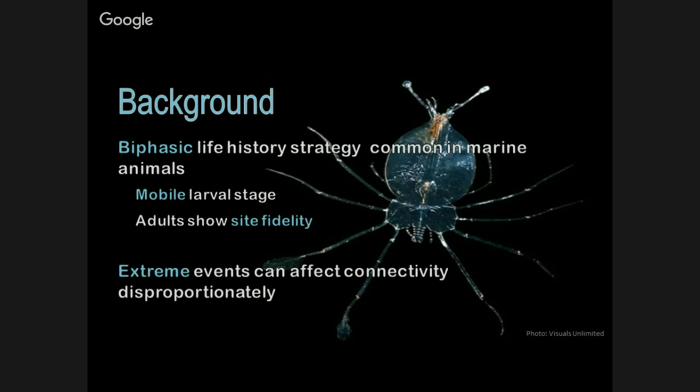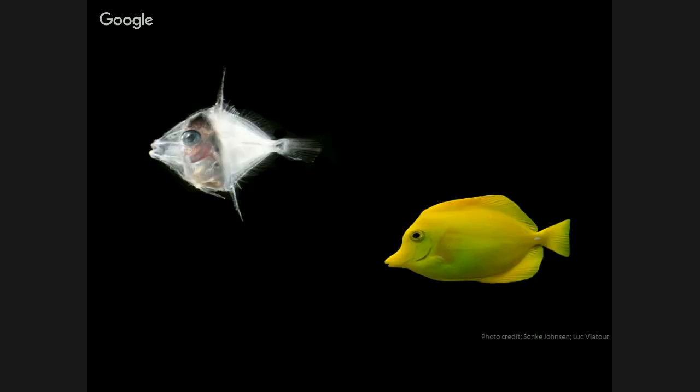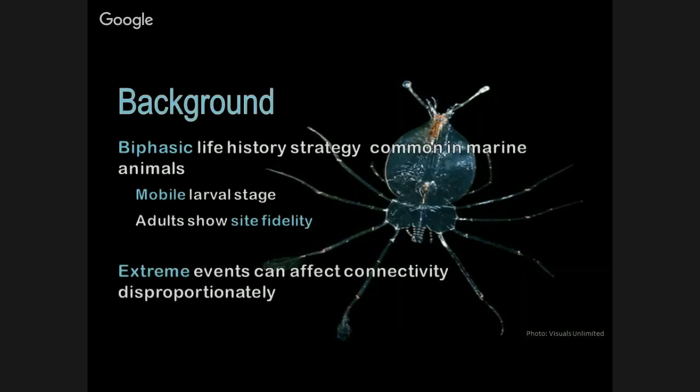So the dispersal of these larvae, a lot of them have some sort of behavior. They can swim, as you can sort of see on this photo here. They do have a tail, and they can sort of get around. But they're also at the mercy of ocean currents and where those ocean currents take them. And the sort of average flow around the Hawaiian Islands, which I'm going to show you in a minute, moves them around to some extent.